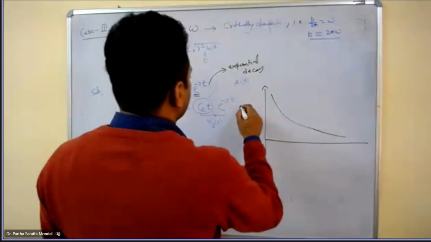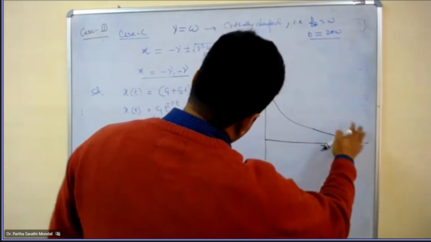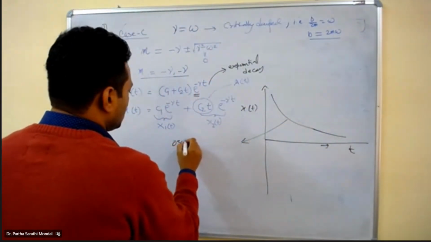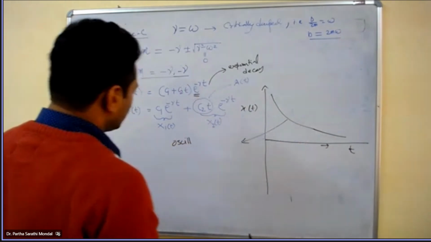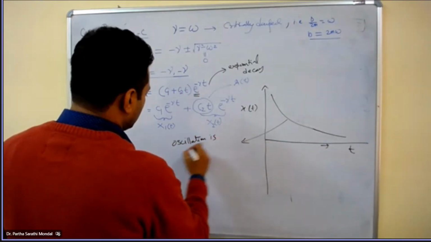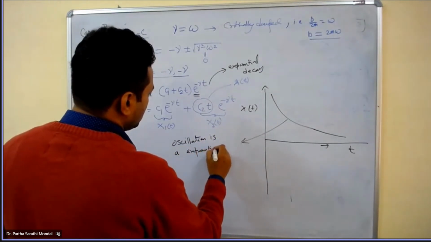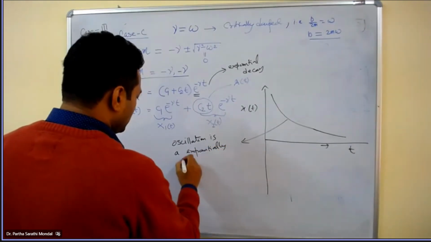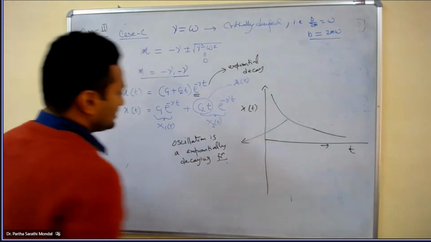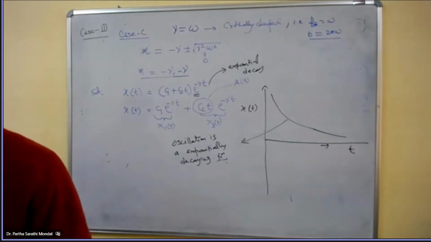So if I plot this xt, this is t, it will be an exponential decay function. The oscillation, above that we cannot say further. Oscillation is an exponentially decaying function. That's all. It is difficult to say more without solving it properly.